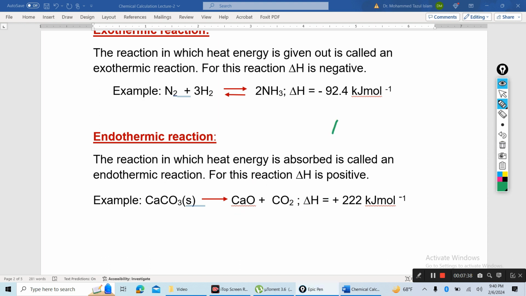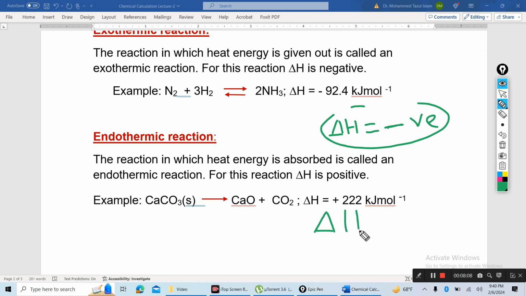So you learn, if delta H value is negative, that reaction will be exothermic reaction. I mean heat is produced. If delta H value is positive, that reaction will be endothermic reaction. I mean heat energy is absorbed.